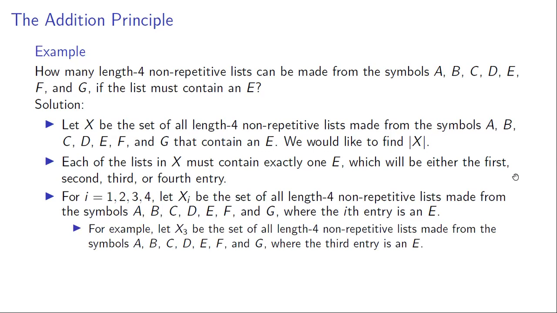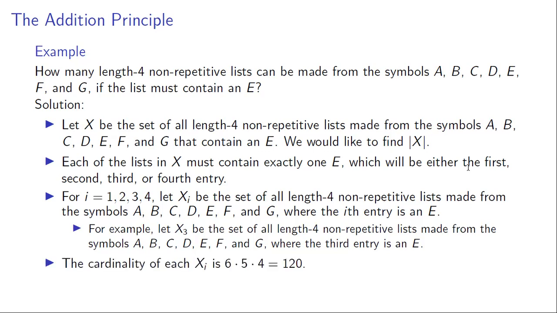So for example, let X sub 3 be the set of all length 4 non-repetitive lists made from the symbols A, B, C, D, E, F, and G, where the third entry is an E. We similarly define X sub 1, X sub 2, and X sub 4 along with X sub 3. But that's just an example. So now we want to find the cardinality of X. Well, we can find the cardinality of each of these little sets and then add them up.